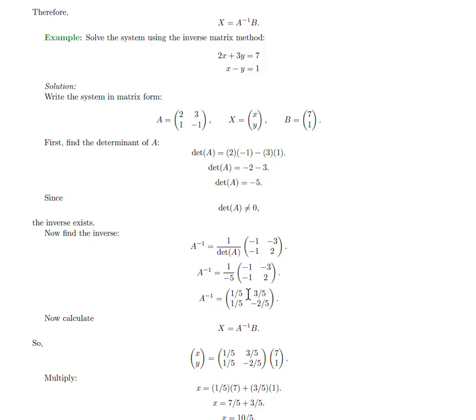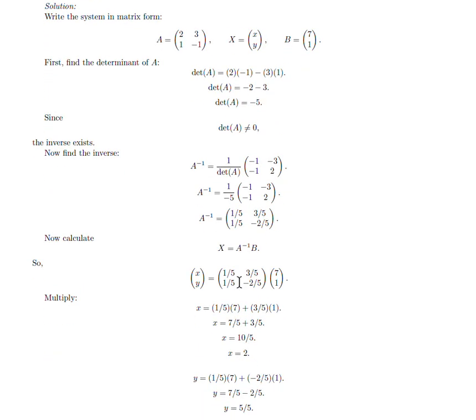So A inverse times B will give us our X and Y straight up. So how do we do our multiplication? Take row 1 in the first matrix against column 1 in the second matrix. So that's 1 over 5 times 7 plus 3 over 5 times 1.